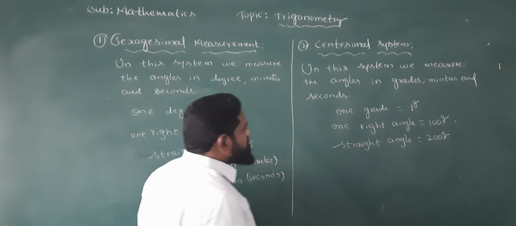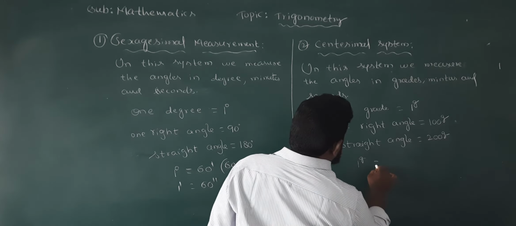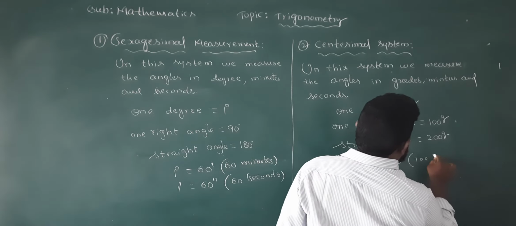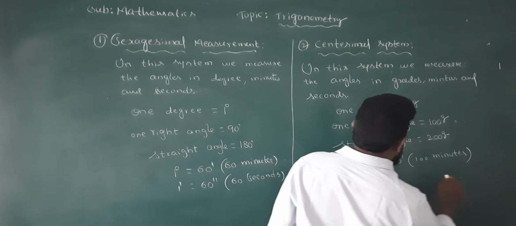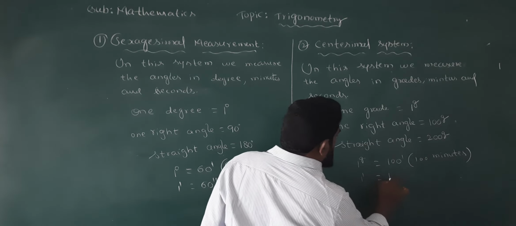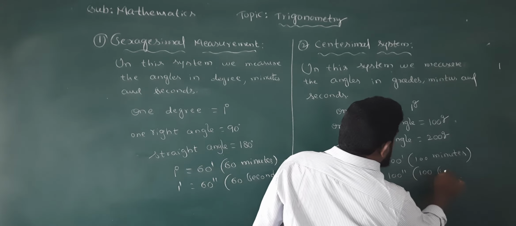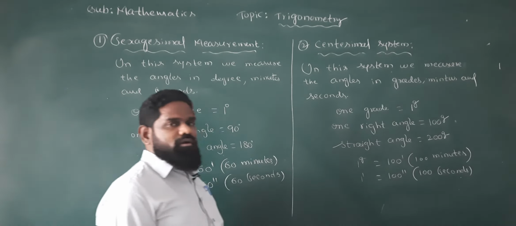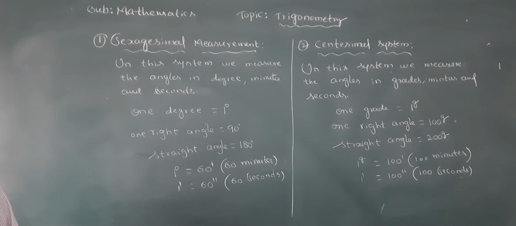Understand? One more thing, 1 grade equals 100 minutes. 1 dash denotes minutes. 1 minute equals 100 seconds, where 2 dashes represent seconds. Understand?